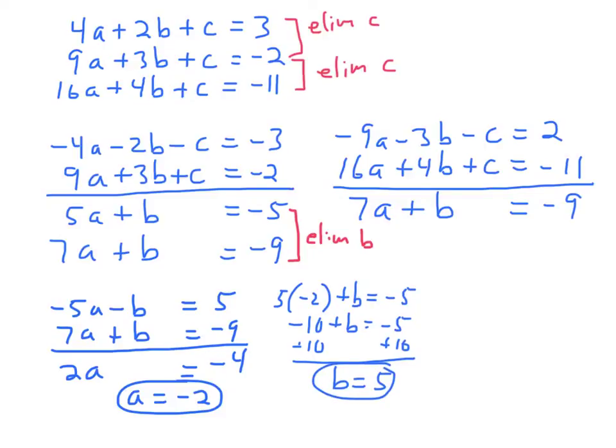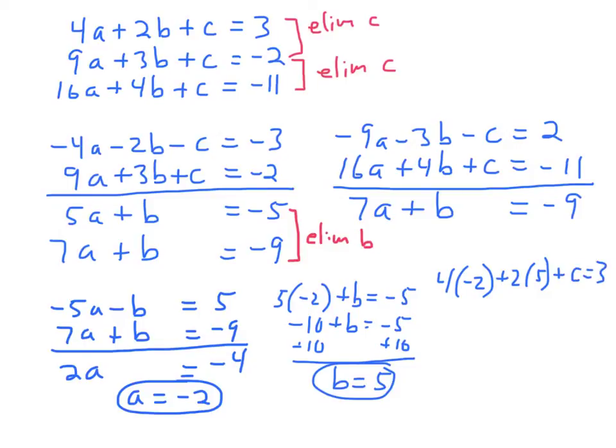Now if you take both of those answers for a and b and substitute them into one of these original three equations, you can find the c. So I'll just plug everything into the very top equation here. 4a plus 2b plus c equals 3. So we get 4a, so 4 times -2, plus 2b, so 2 times 5, plus c equals 3.